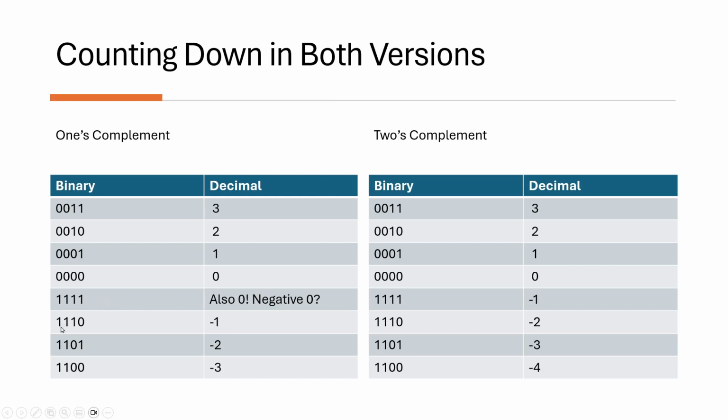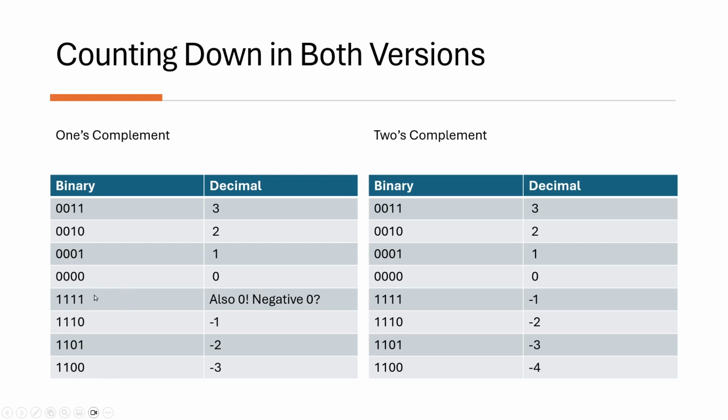The next number down is 1110. That is -1. And then 1101 is -2, and 1100 is -3. So you can see a problem here already in ones complement.